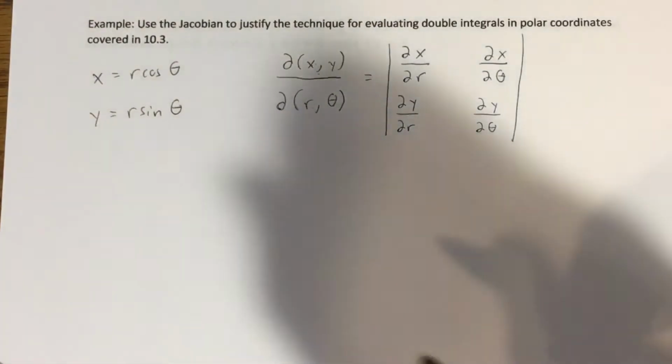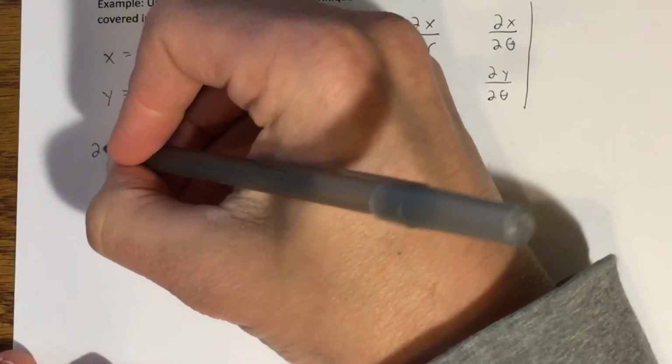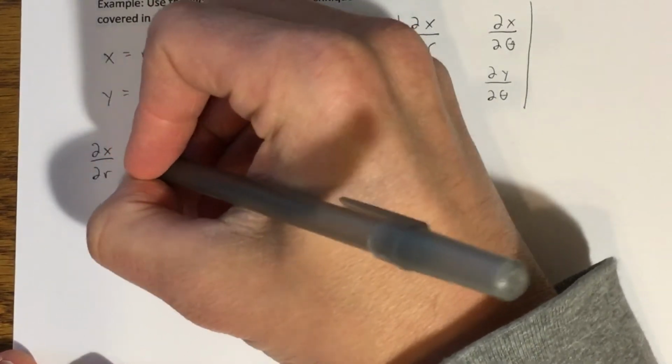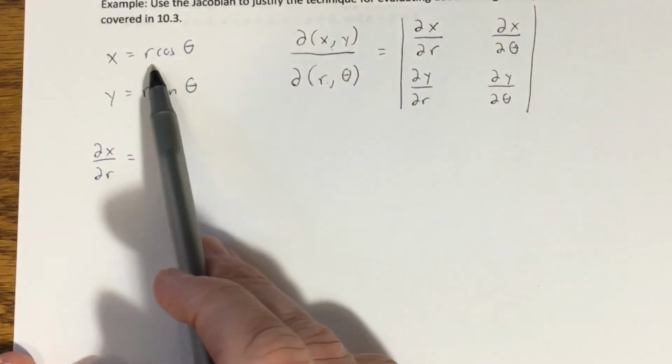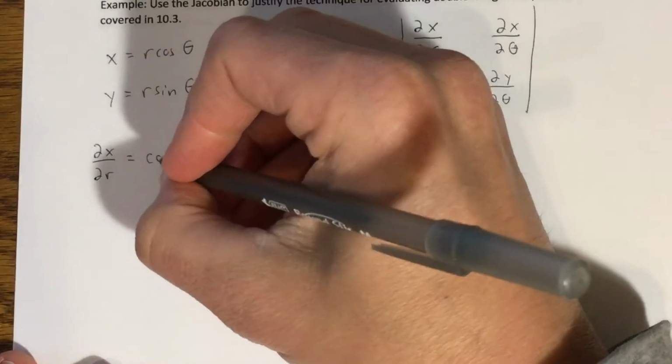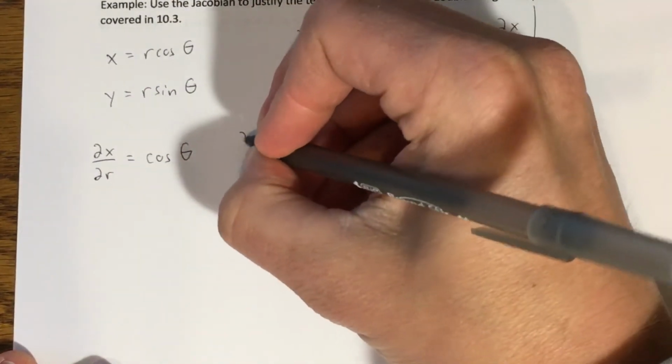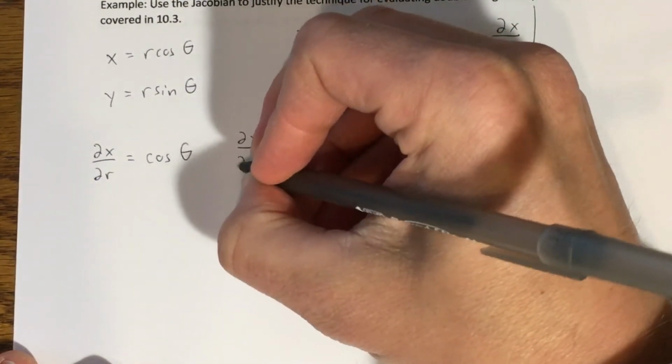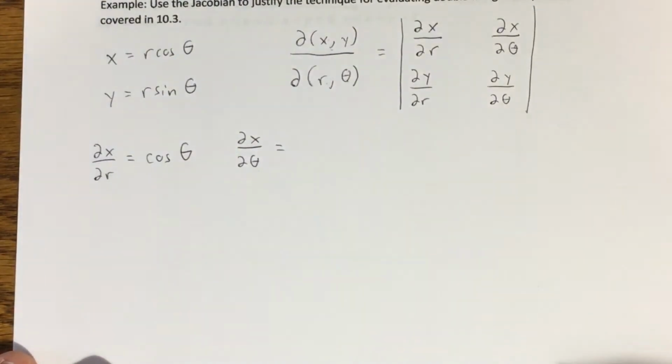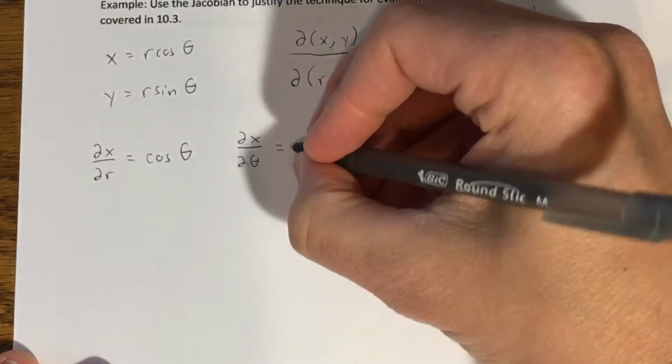Partial of x with respect to r, let's do that. With respect to r, that would be cosine of theta. Partial of x with respect to theta would be negative r sine of theta.